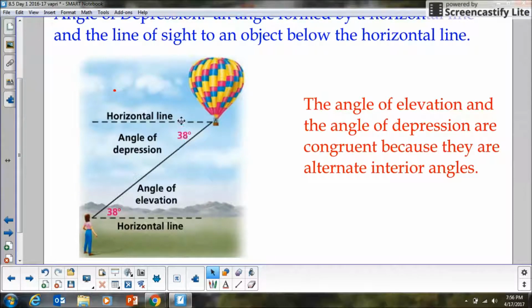If you remember, we had done that if the lines are parallel and this is your transversal, the red segment, then these two angles are alternate angles. So this is the angle of depression and this is the angle of elevation. Both of them are equal.